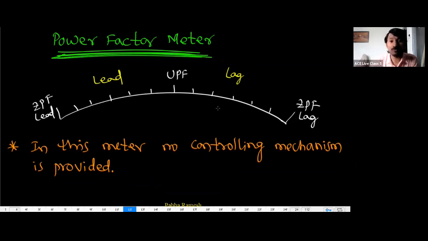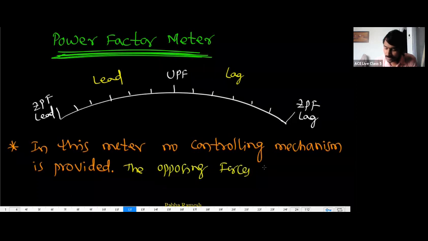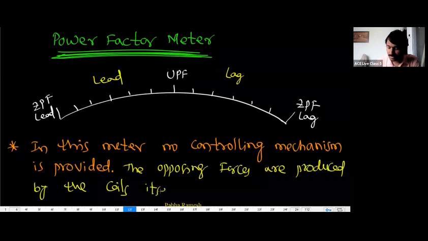But the opposing force is produced. That is construction based. The opposing forces are produced by the coils itself. This is the actual thing.